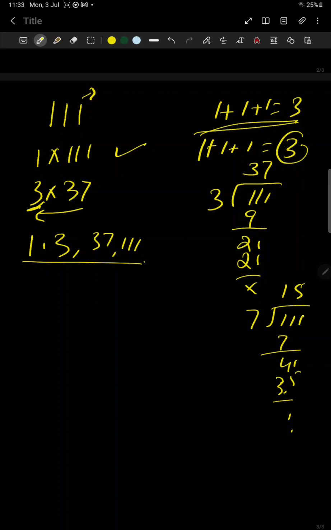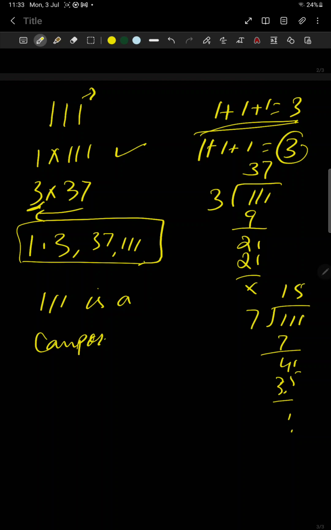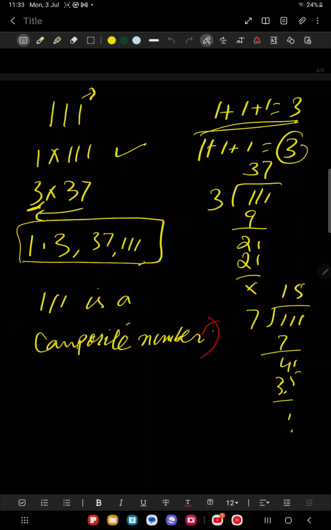So we have found out that 111 has the factors 1, 3, 37 and 111, and 111 is a composite number. Like this we will do it. Is it clear to everyone? Thank you, students.